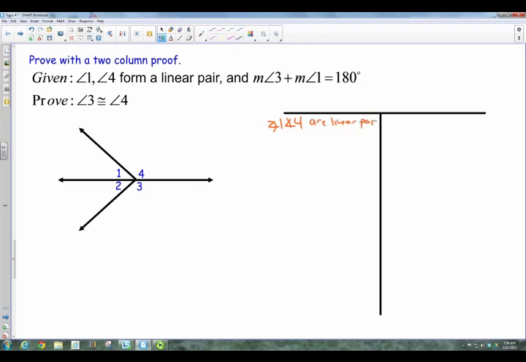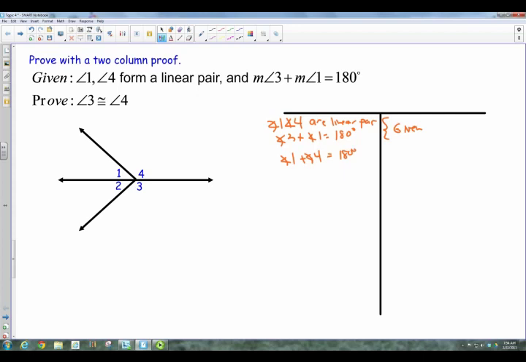We know that angle 3 plus angle 1 is 180 degrees, and this is all just given to us. Now since these things are a linear pair, we could say that angle 1 plus angle 4 is equal to 180 degrees.